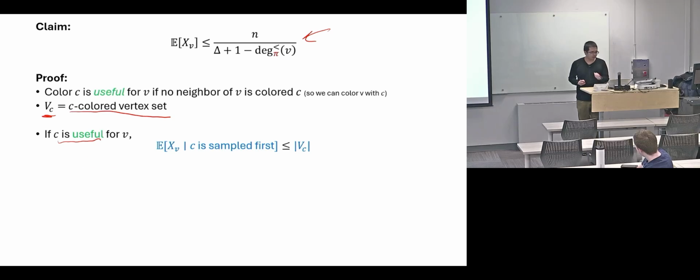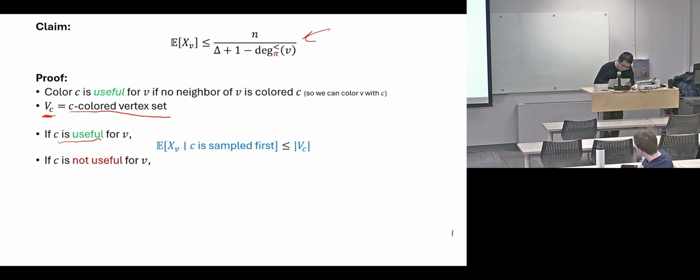So what if C is not useful? Can you tell me what this would be? I claim that it's going to be X of V, the time that we spend on V, given that C is sampled first.